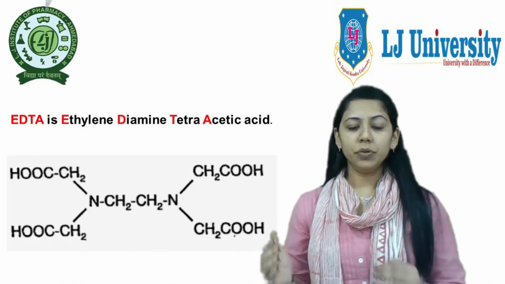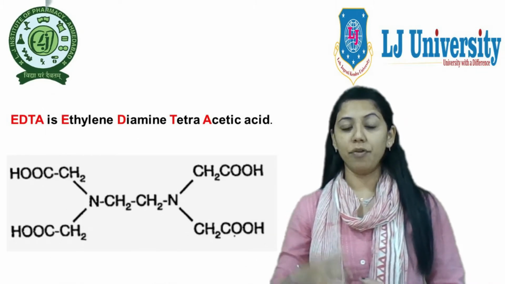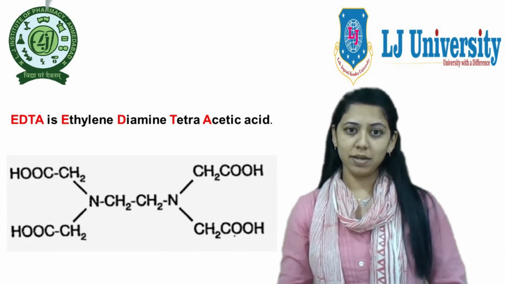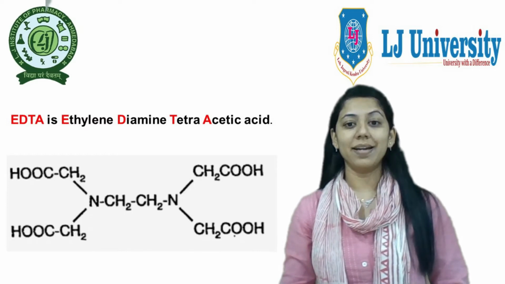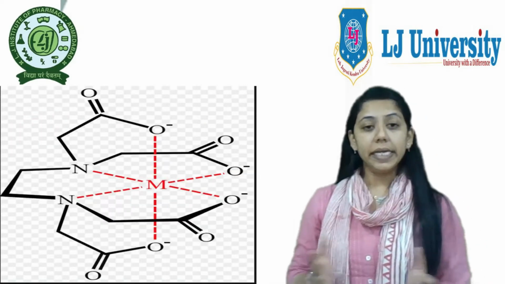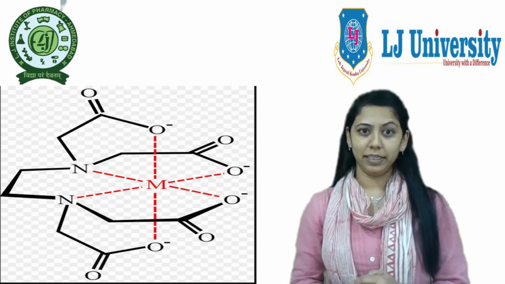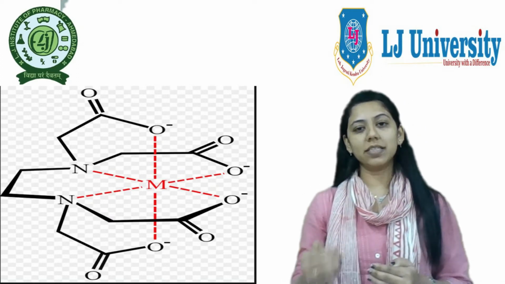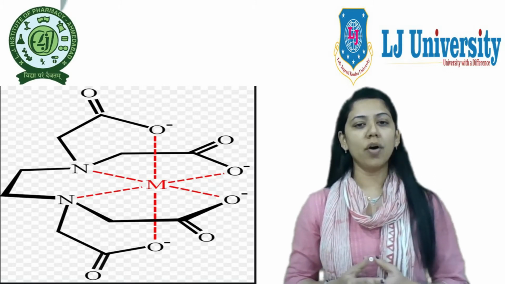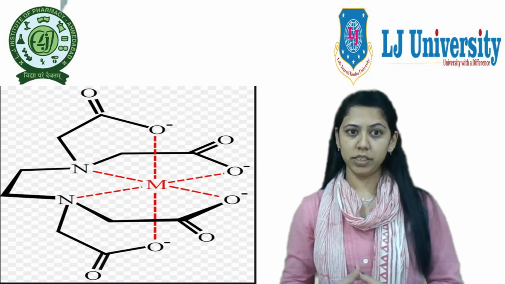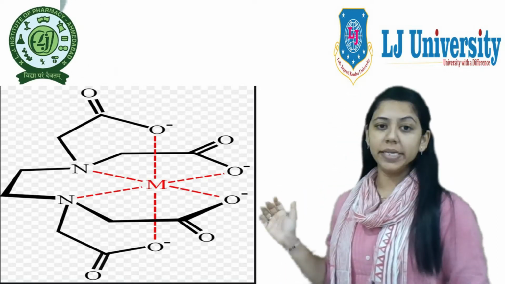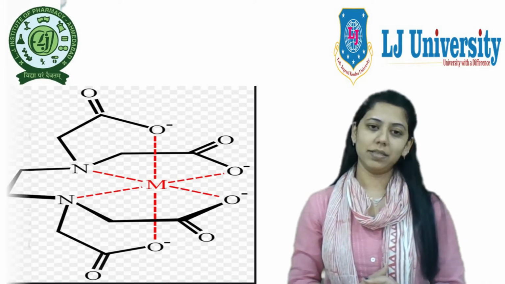But due to these carboxyl groups, it has very low solubility in water, and that's why we use its disodium salt as a titrant. EDTA is a polydentate ligand as it donates its 6 lone pairs of electrons for the formation of coordinate covalent bonds with the metal cation, and that's why it can form a metal EDTA complex easily.